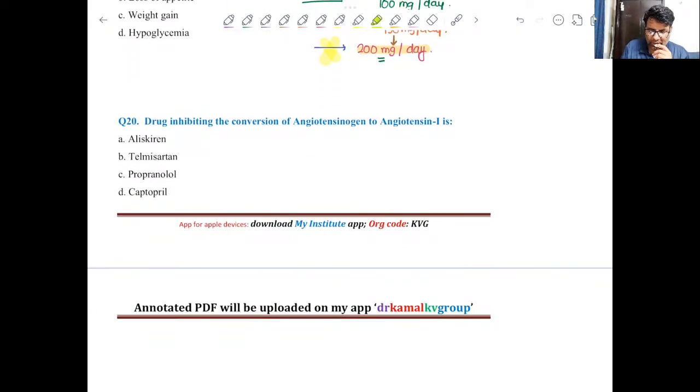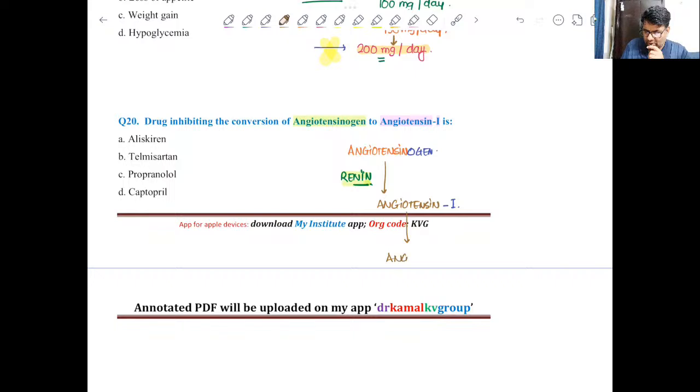Now, drug which inhibits conversion of angiotensinogen to angiotensin 1. So angiotensinogen, right, and this is converted into angiotensin 1. Now first of all you need to know which hormone acts here. So this conversion is brought about by renin. Then angiotensin 1 is also inactive.